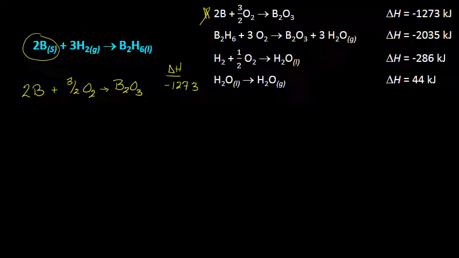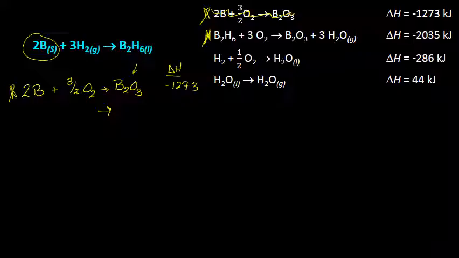Now, looking at this yellow equation, is there anything in here other than the oxygen that doesn't belong? You're right, the B2O3. So, since I can't use this one anymore, I have to find B2O3, and look, there it is, right there in the second step. Do I want to use the second one as is or flip it? Correct, you want to flip it.